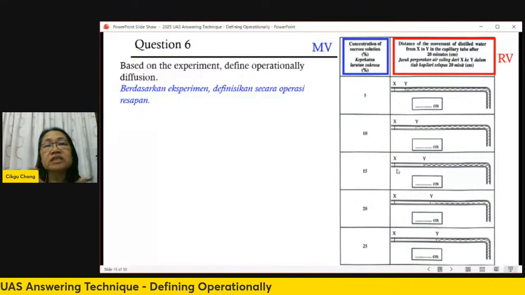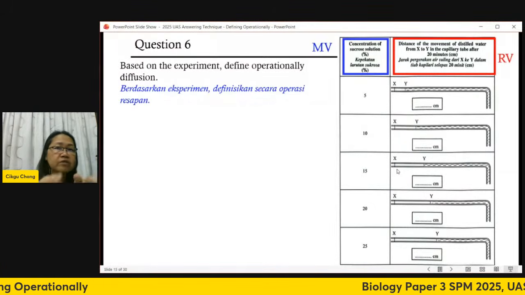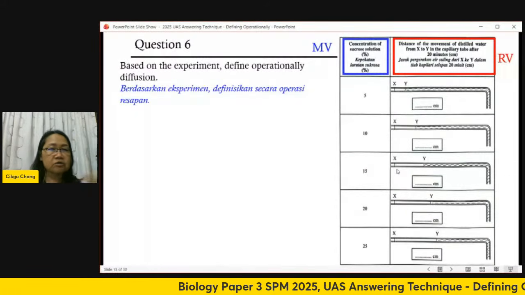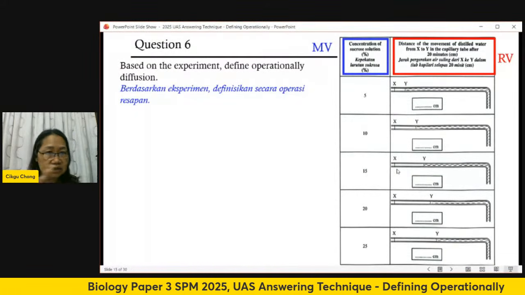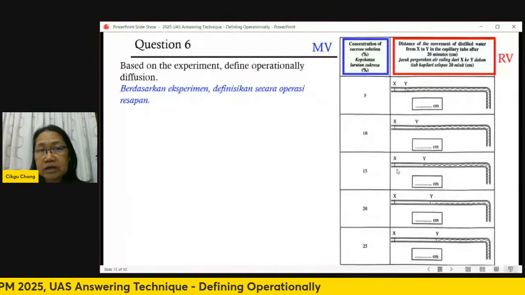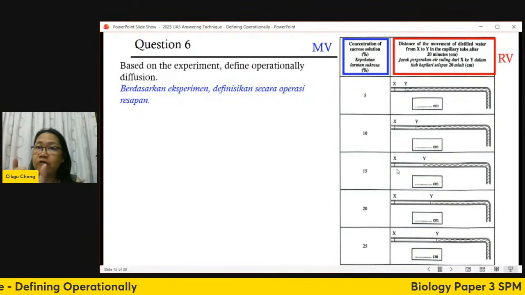Define operationally diffusion. So your diffusion is specific for this question, where you have your capillary tube, your X and your Y, the sucrose solution and all that. You cannot apply this answer anywhere else. So first point, diffusion is movement of water.